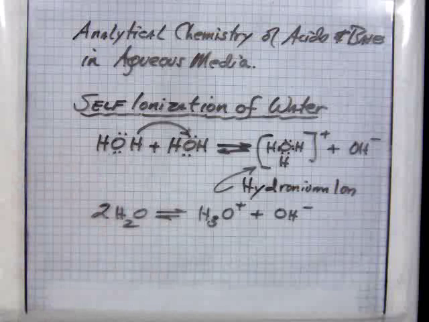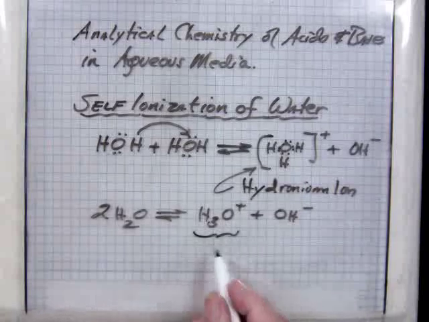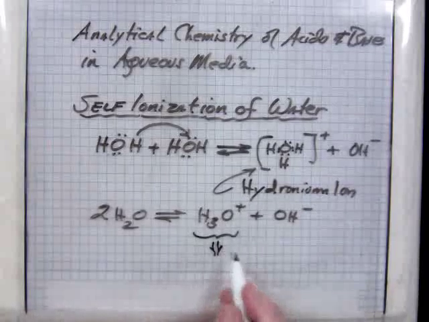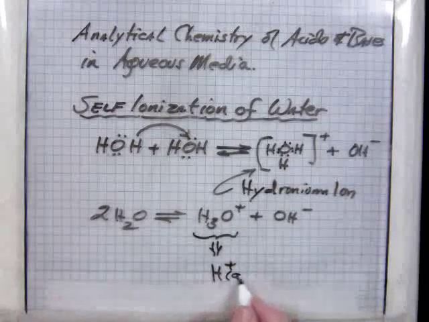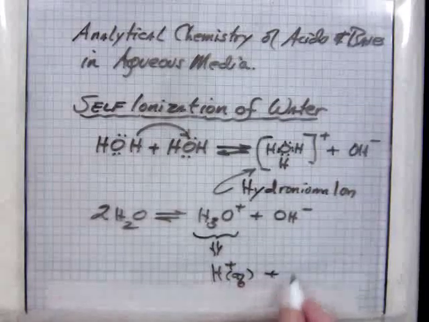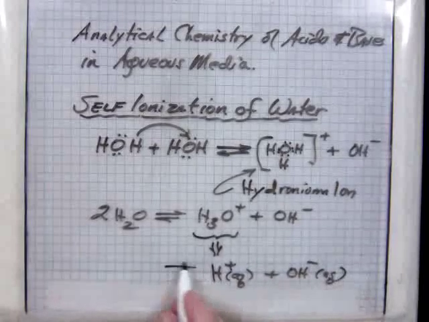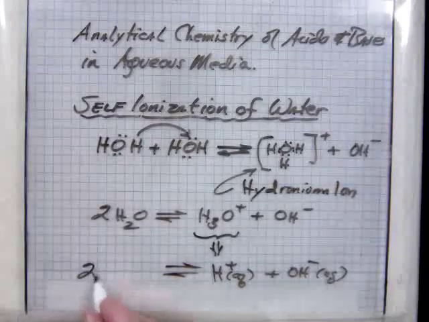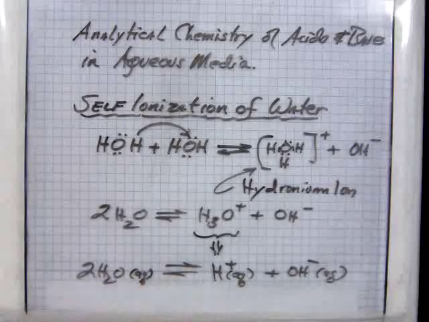Now, chemists are inherently looking for shortcuts, and so one that is used is for the H3O+, the hydronium ion. In these problems it is usually represented simply as H+ aqueous, plus the OH- aqueous, and you have 2 H2O if you want to put it that way also.